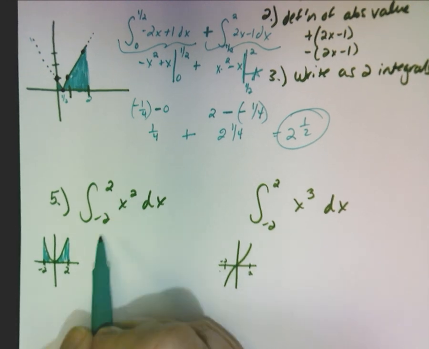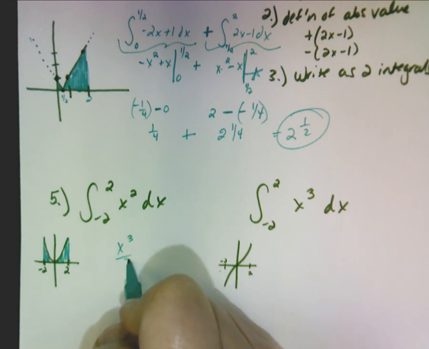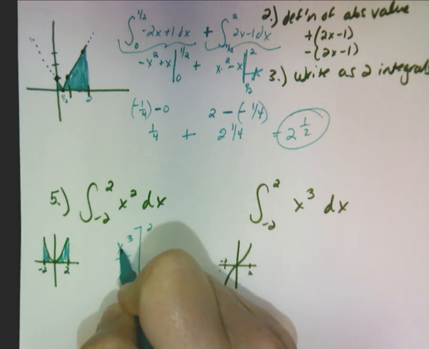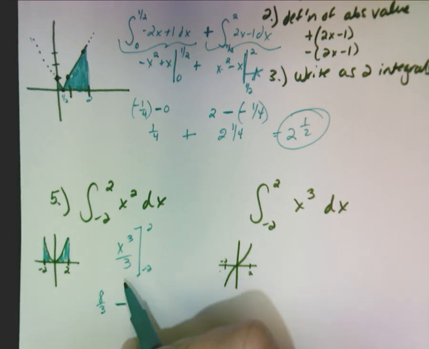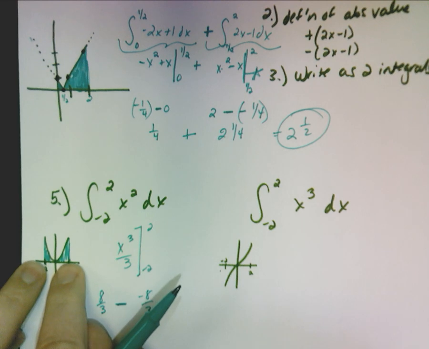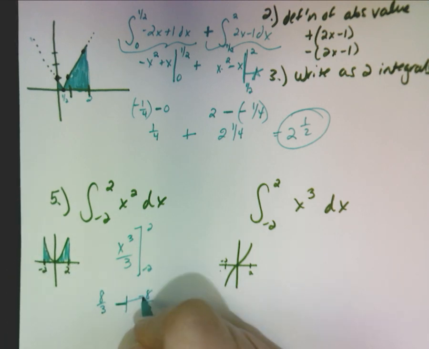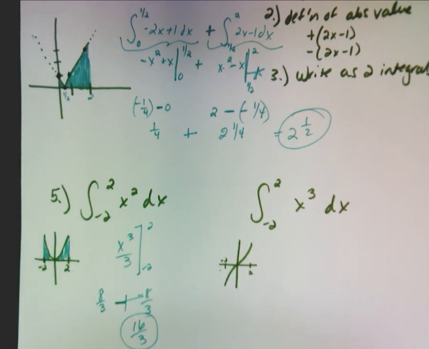But watch what'll happen. Let's integrate this, x to the third over 3. I'm going to plug in your upper bound, which would be 8/3, minus, you're going to plug in your lower bound, negative 2 cubed is negative 8/3. See, they're the same, but when you subtract, they actually become positive 16/3. These areas are the same.